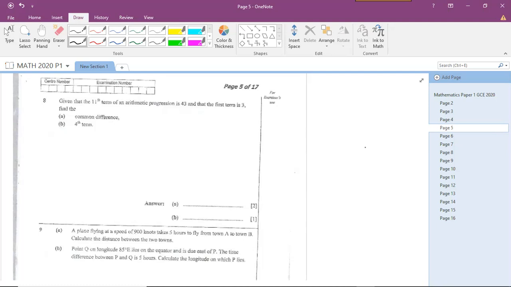Or it can be a geometric progression where the next term is obtained by multiplying the previous term. So it's either an arithmetic progression or a geometric progression. I hope I haven't swapped the two, but I don't think I have.